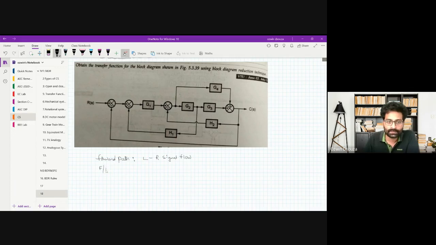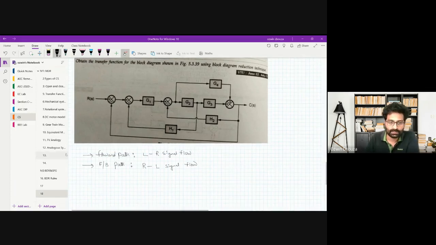And in addition to forward path, you have feedback path. What is feedback path? The movement of signal from output side to input side, so that is from right hand side to left hand side. First, these two you need to understand: forward path and feedback path.